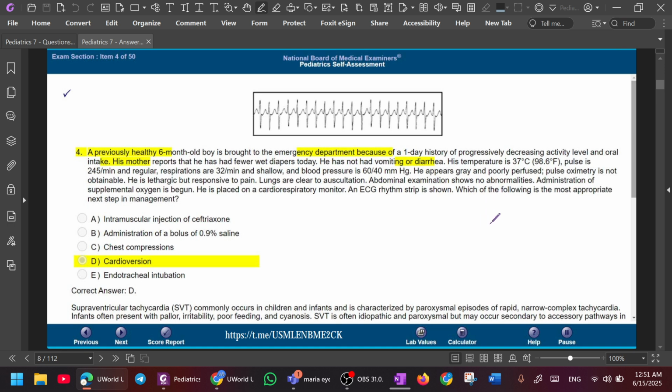If the rhythm is irregular, then we can jump into atrial fibrillation or atrial flutter. If the QRS complex is wider, again we see the rhythm. If the rhythm is regular, then it may be monomorphic VT. If the rhythm is not regular, maybe atrial fibrillation with aberrancy. Okay.